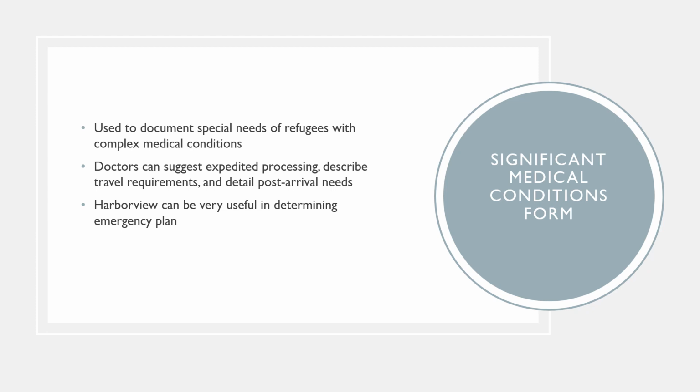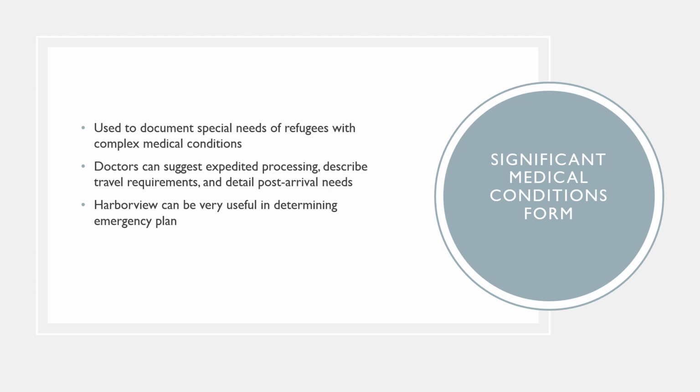And in times where there are really emergent needs that are clear prior to arrival, your HQ might even need to get the name of a doctor on call or the name of a specialist who has a very clear emergency plan and actually is connected with all of the agencies involved prior to the arrival of the case.